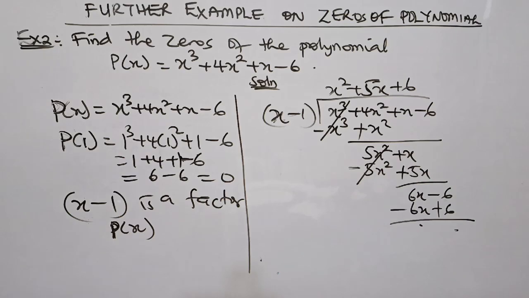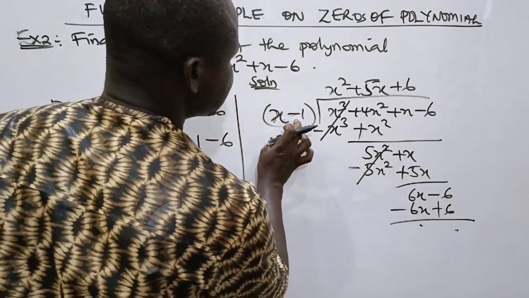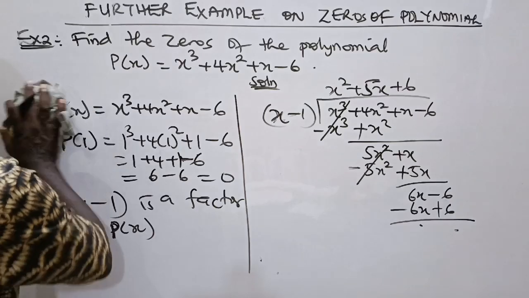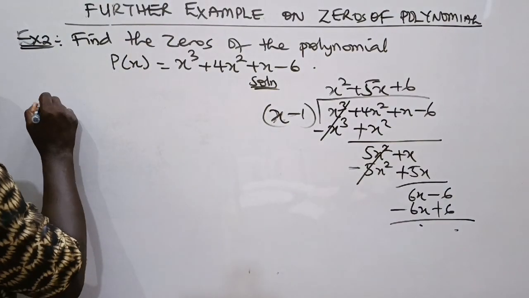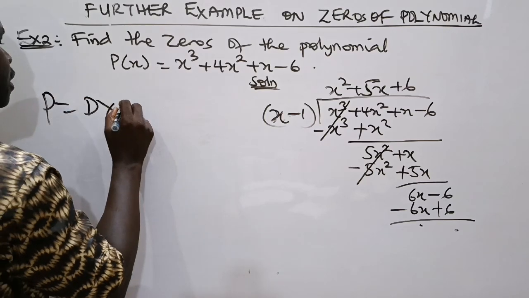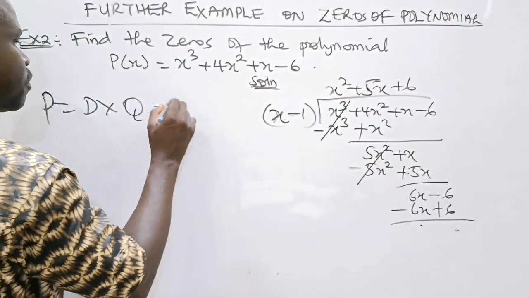That simply means that if I use this divisor to multiply the quotient, I'll get the polynomial, because the remainder in this case is 0. The polynomial formula says divisor times quotient plus remainder.